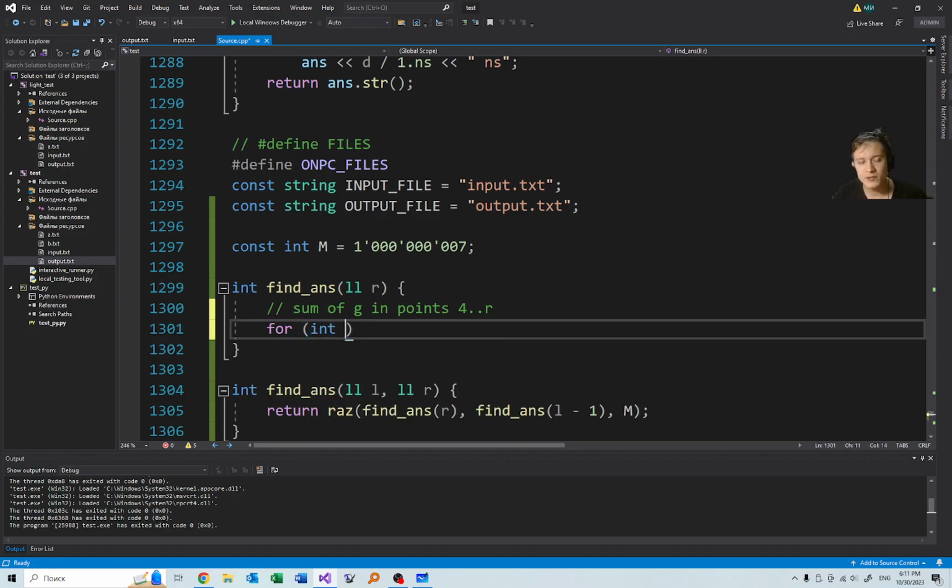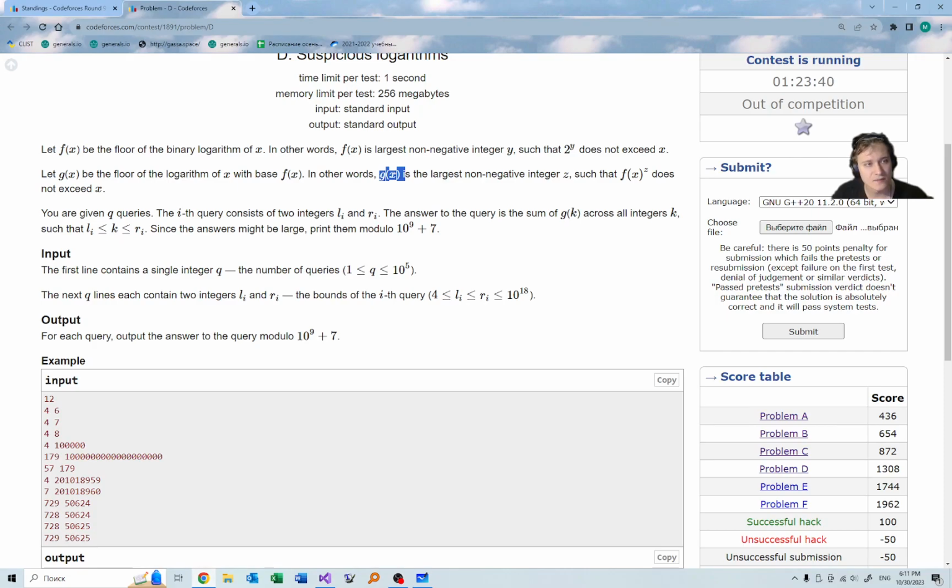So to do it, we will iterate for all f, actually, from 2 to the maximum possible answer.